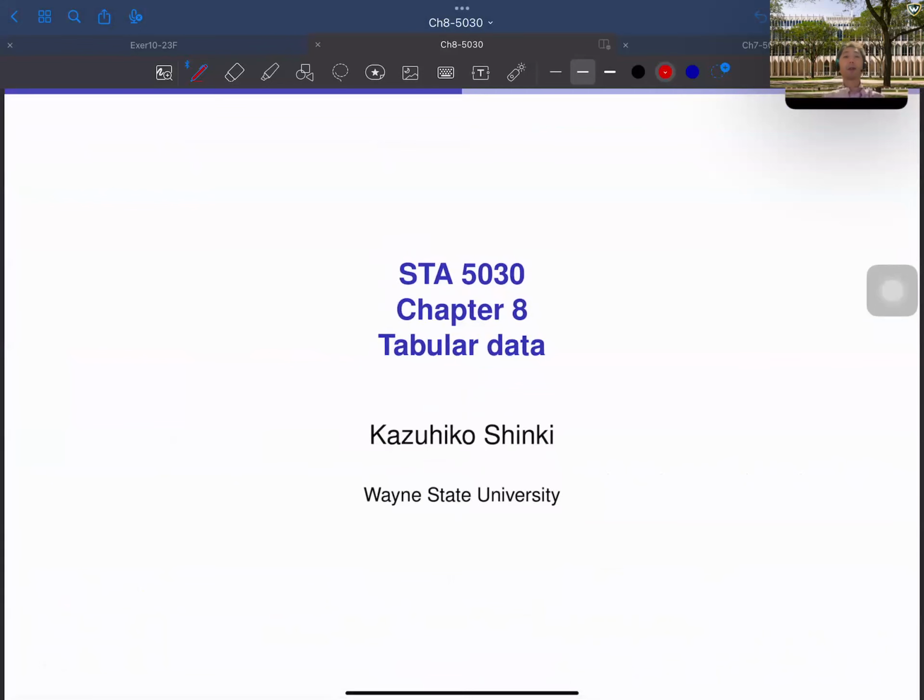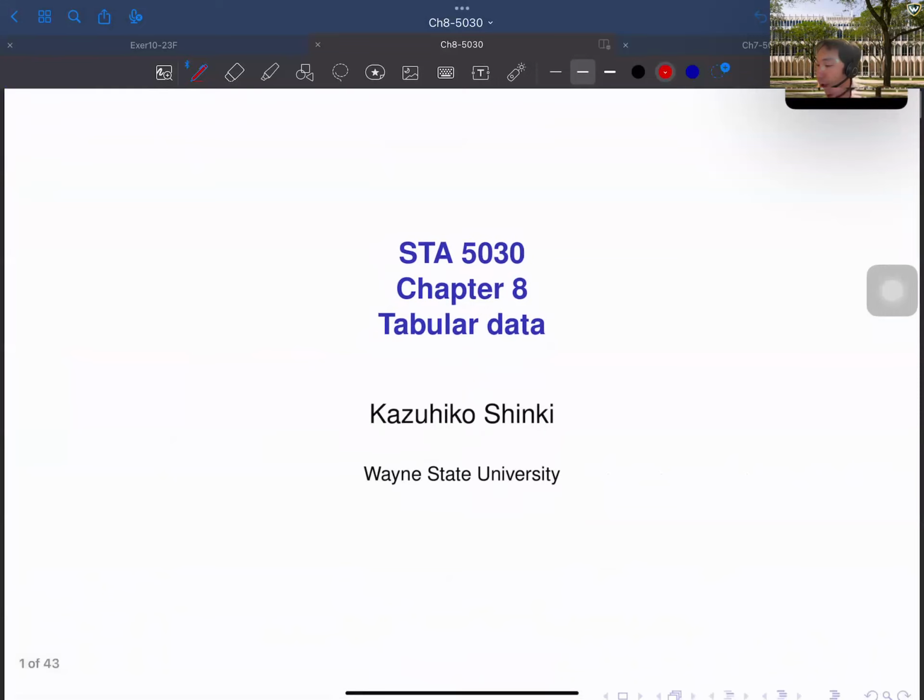So chapter 8 is a completely different topic than other chapters such as 6, 7, 11, 12, and 13. Chapter 8 deals with tabular data, so basically we only have factor variables.